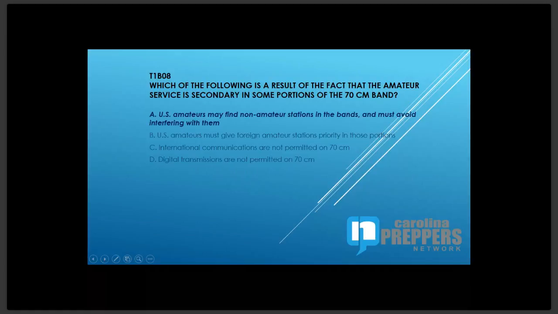Which of the following is a result of the fact that the amateur radio service is secondary in some portions of the 70 centimeter band? And that's 440. 440 has a lot of frequency available to it.